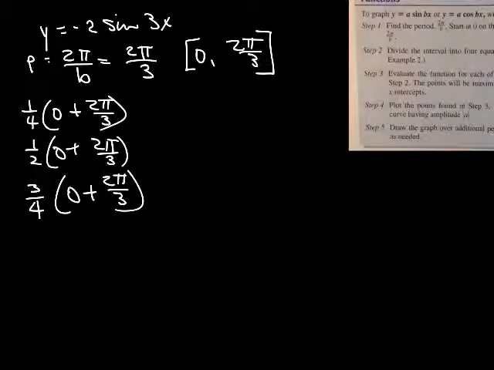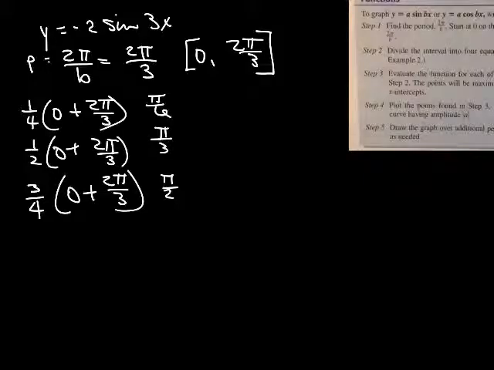And that gives us intervals of pi over 6, pi over 3, and pi over 2. So we actually have 5 different places that we're looking at: 0, pi over 6, pi over 3, pi over 2, and 2 pi over 3. Don't forget your 2 endpoints there.